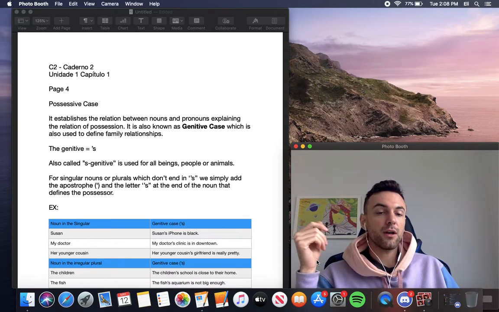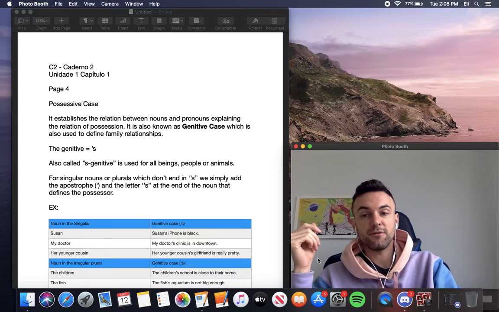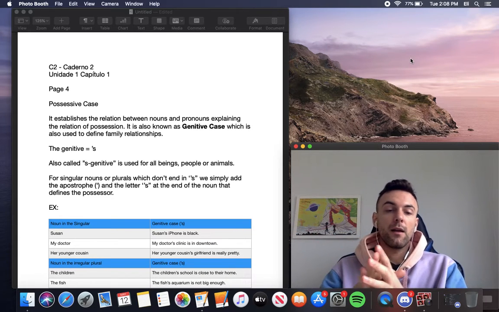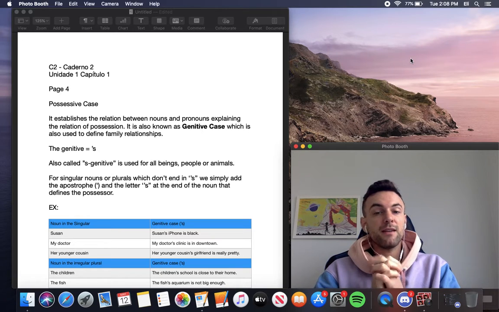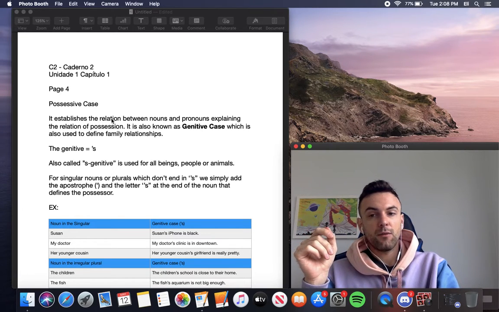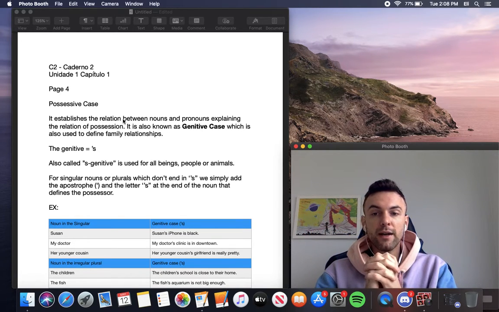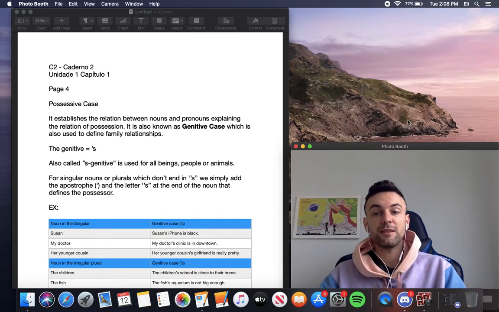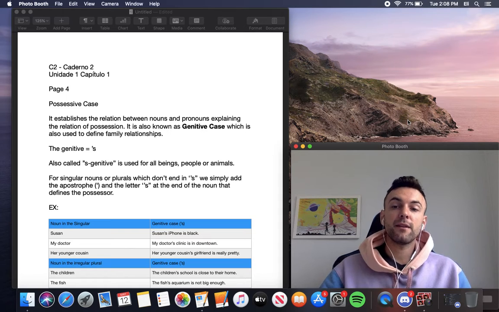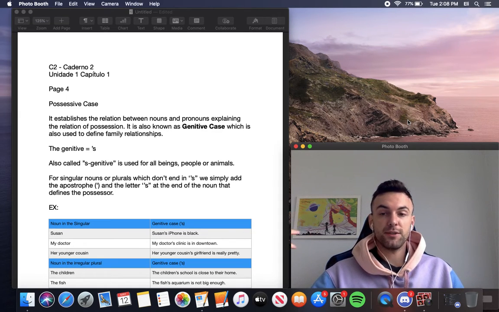And today we're going to talk a little about the possessive case, and you can take a look there that the possessive case, as I wrote here, establishes the relation between the nouns and the pronouns, explaining the relation of possession.